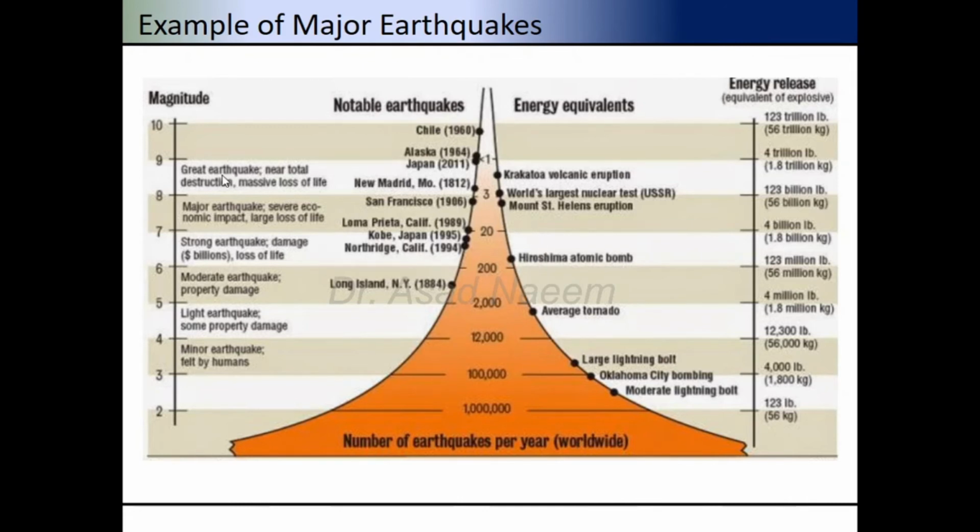So these are the magnitudes and this is the energy released. So we can see the amount of energy is huge when an earthquake occurs. That's why it can be very destructive for building structures or a city or any community.